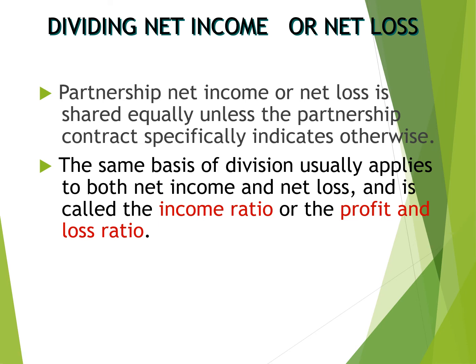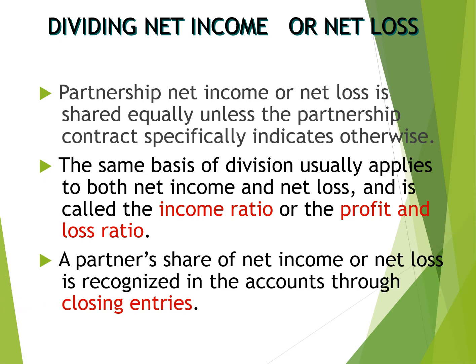The same basis of division is usually applied to both net income and net loss, and is called the income ratio or profit and loss sharing ratio. A partner's share of net income or loss is recognized in the accounts through closing entries.